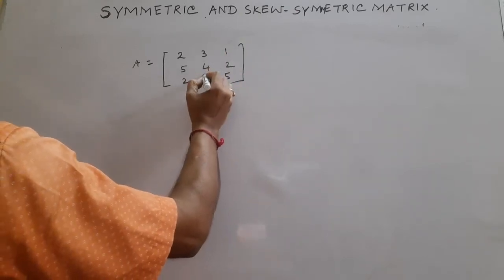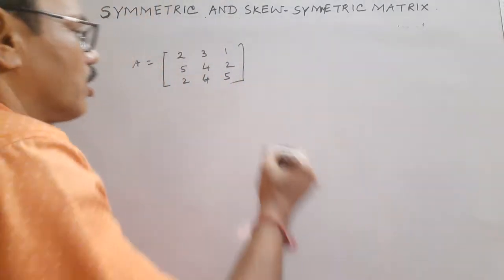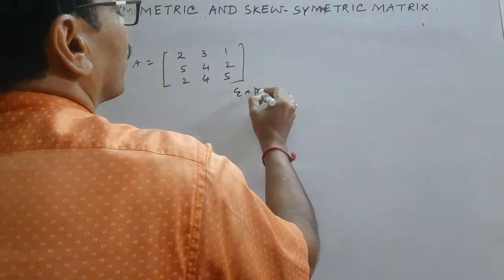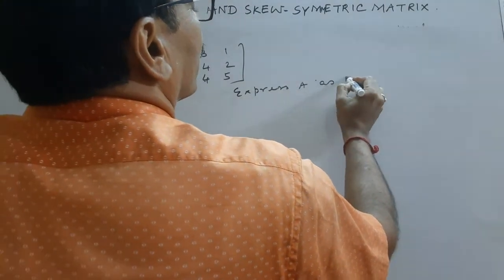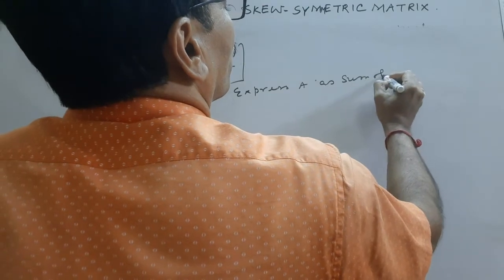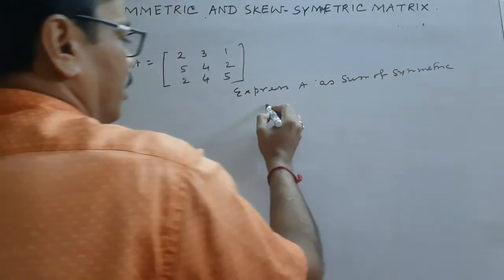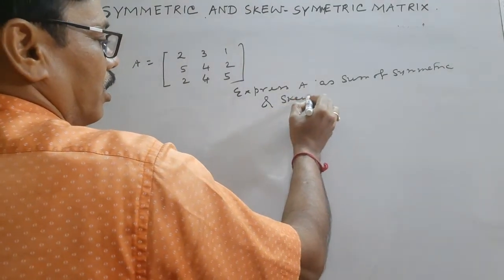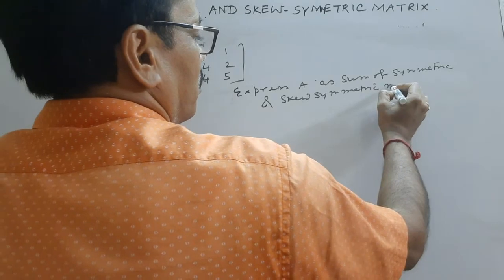Suppose 2, 4, 5. So A is any square matrix. So express A as a sum of a symmetric and a skew symmetric matrix.